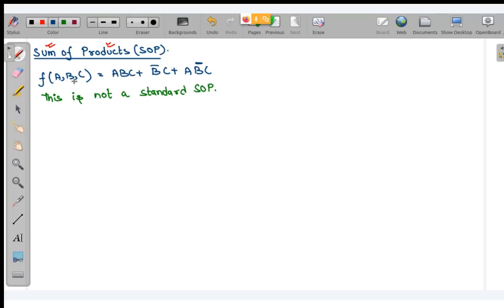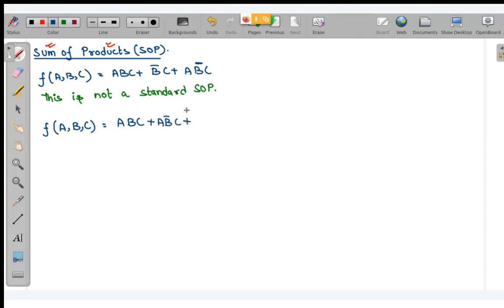Suppose I want to convert this SOP to a standard SOP, I can write it like this. Look very carefully. I want all the product terms to have A, B, C. This product term has all three A, B, C. Even this one has all three, with a complemented form, but we have all three variables.